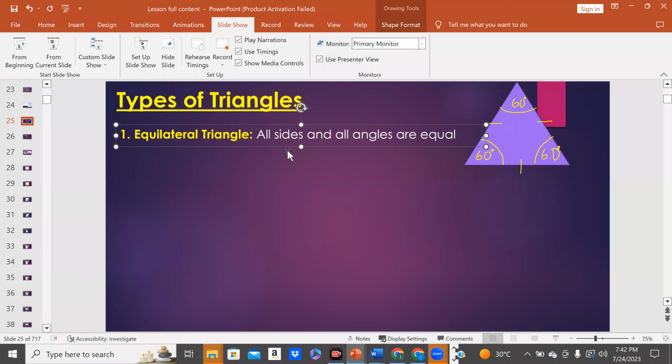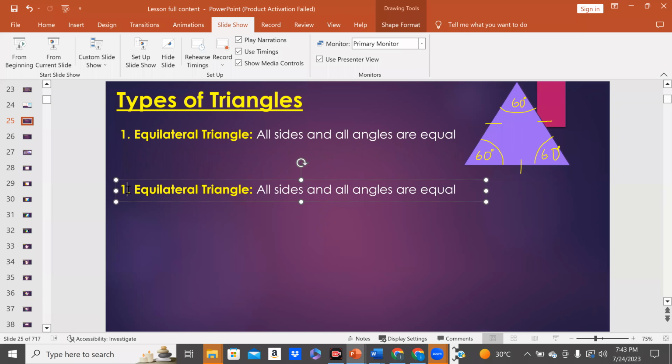The next type that we have is type number 2. Anyone know what this next type is? Some of you who come to the day classes should know that. What is the second type? Isosceles triangle.